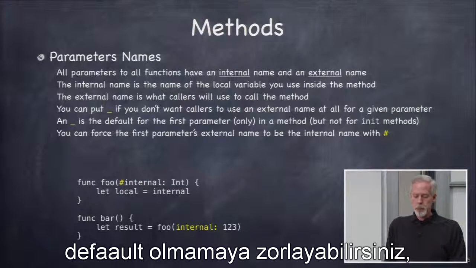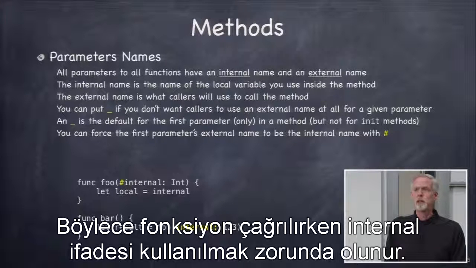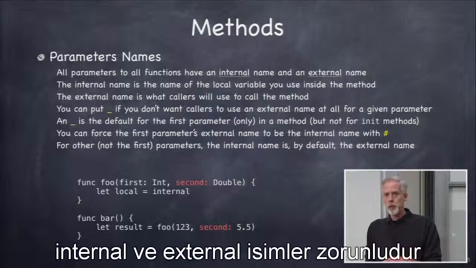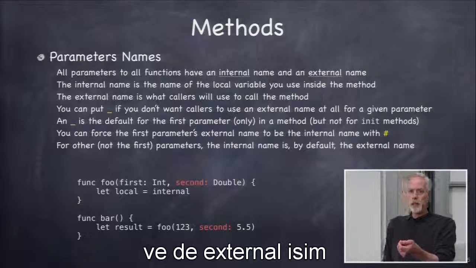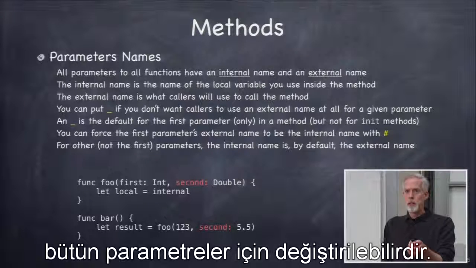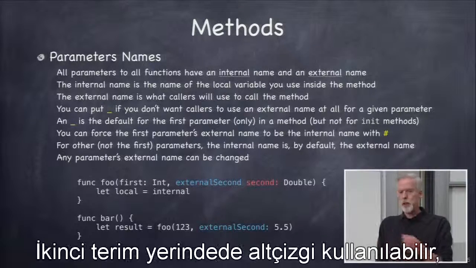And that makes it so you have to say internal colon. For other parameters, not the first parameter, the internal or an external name is mandatory, unless you put the underbar.